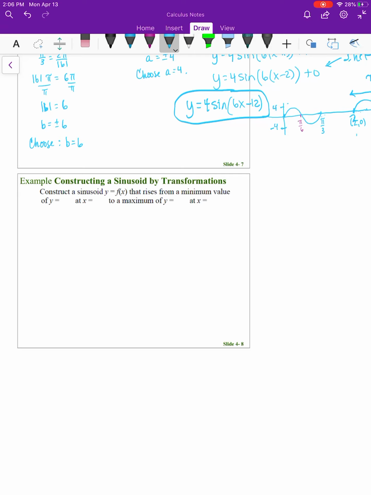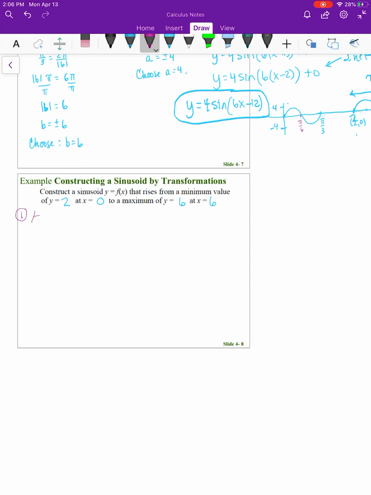Okay, so now, next example, constructing a sinusoid by transformations. Construct a sinusoid y equals f of x that rises from a minimum value of y equals 2 at x equals 0 to a maximum value of y equals 6 at x equals 6.